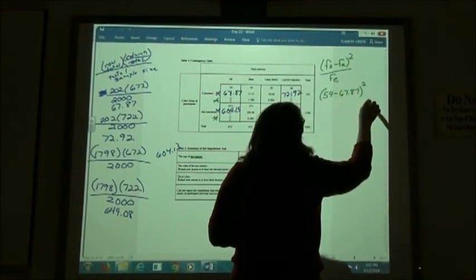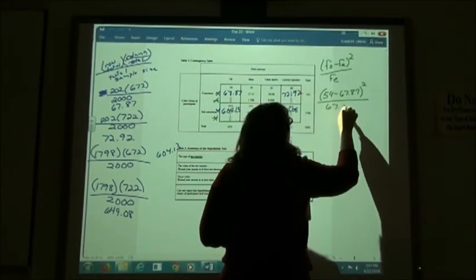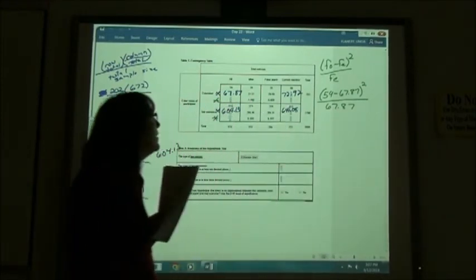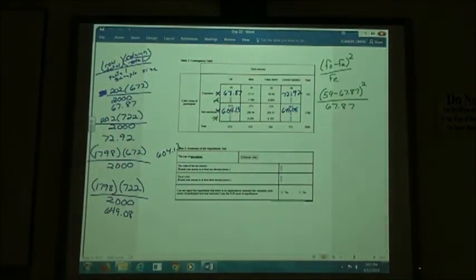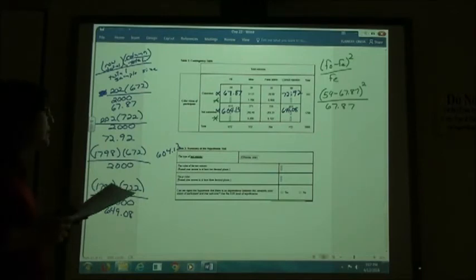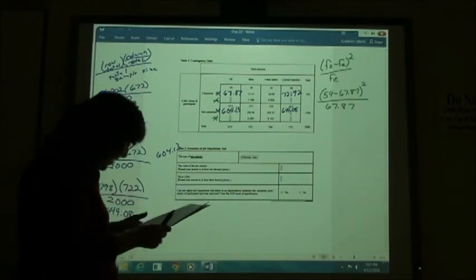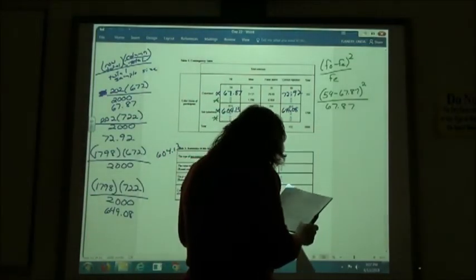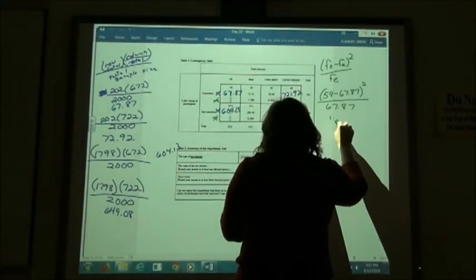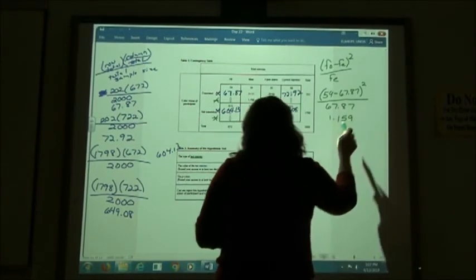I'm going to square that and divide it by the 67.87. Again, these ones we're going to round to 3 decimal places once we punch them into our calculator. So 59 minus 67.87, square that, divide it by 67.87, and we should come up with 1.159.